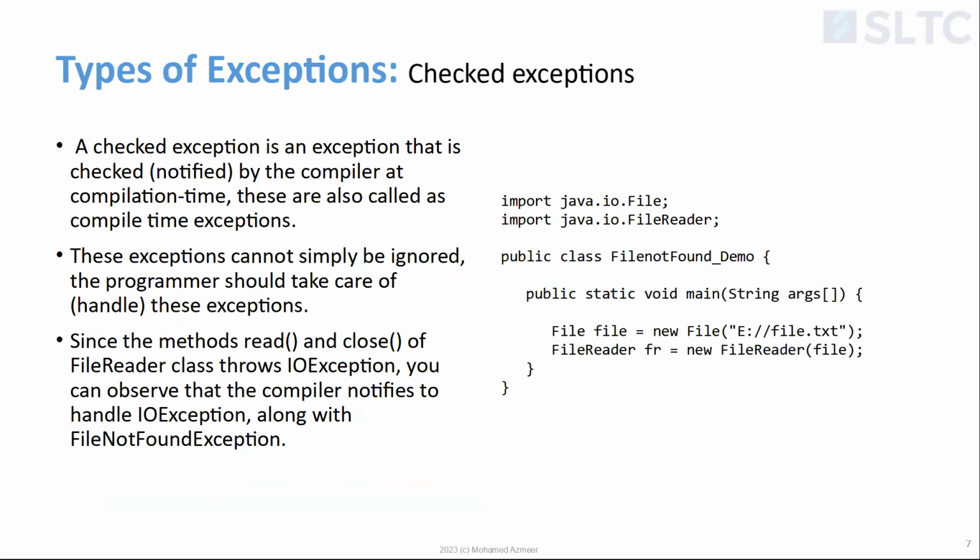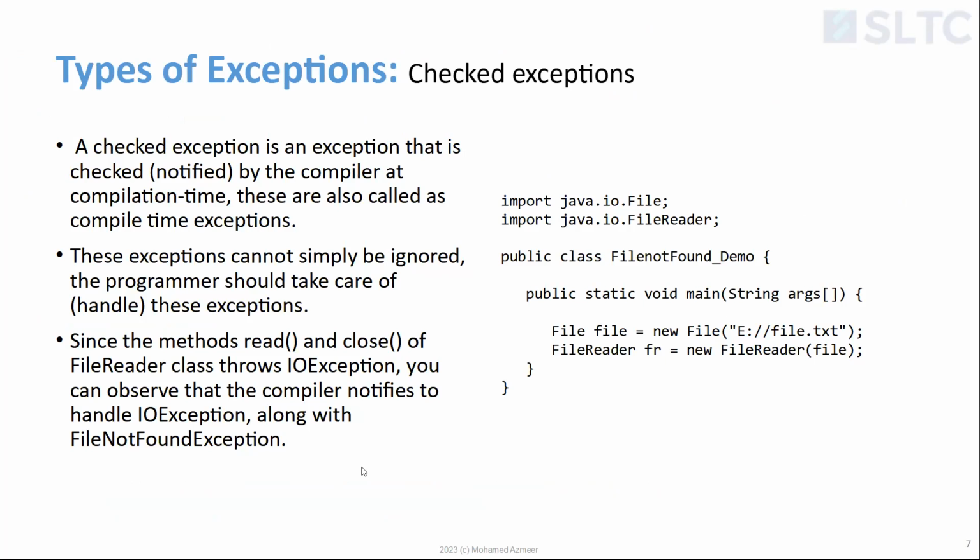Now here is the explanation of the checked exceptions. Before we go to the text, look at this code here. In this one, I am trying to get a file in the E drive with the file name file.txt. The file is not there, in fact. There is no E drive and there is no file.